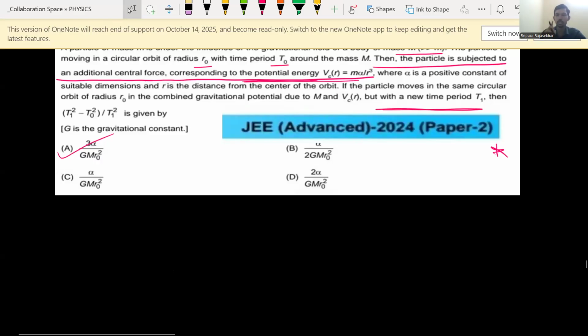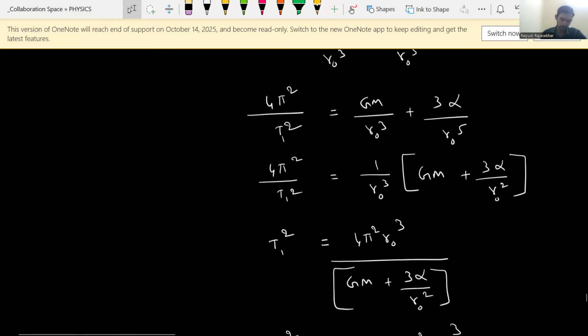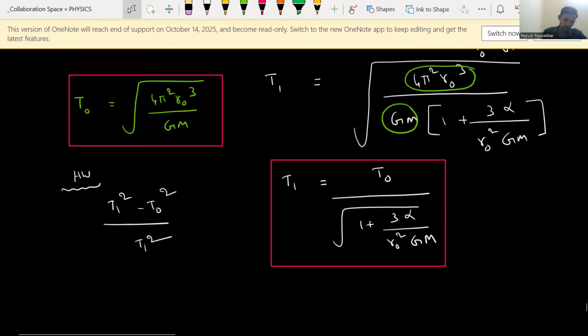Everything I have done: T1 value, T0 value we got, substitute in the given condition. T1 square minus T0 square divided by T1 square. You simplify this equation so that you will get the final answer.